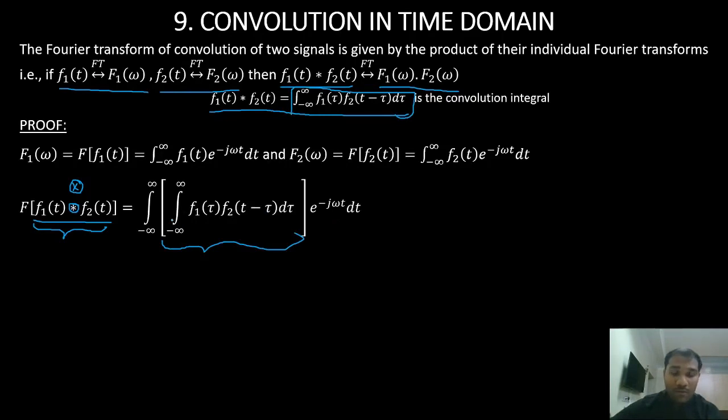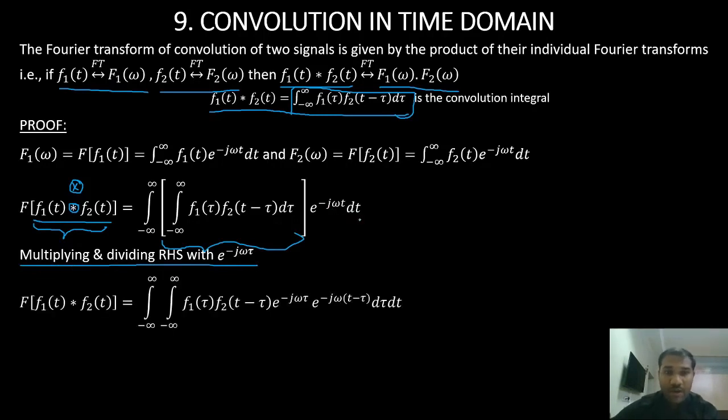Similar to the last property, this is one method of doing it: multiplying and dividing the right hand side with e power minus j omega tau. If I multiply it with e power minus j omega tau and divide it with e power minus j omega tau, that means I can multiply it by e power j omega tau.